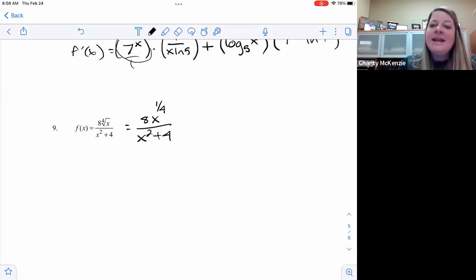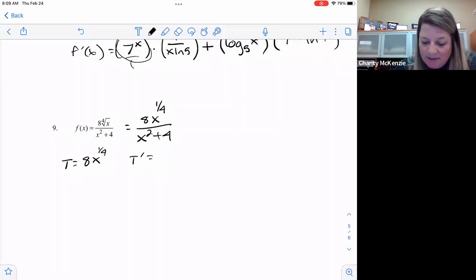Okay, we're here. Now, derivative, we know we have to do top is equal to 8x to the 1/4. So the top's derivative is 1/4 times 8, which is 8/4, right? And you could reduce that if you thought of that.